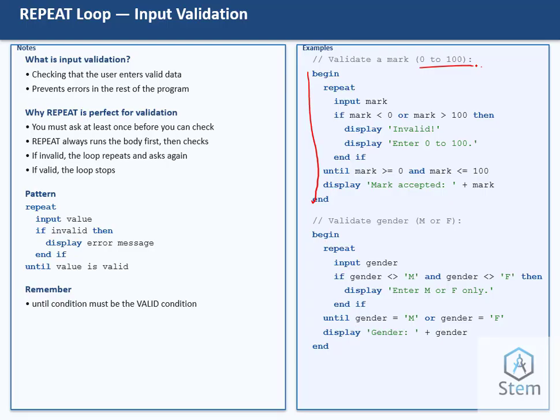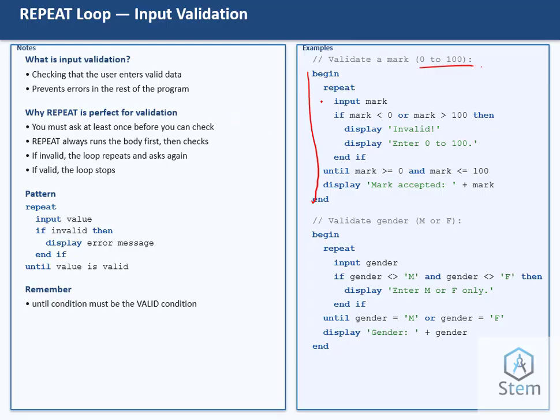If you ask someone their age and they say they are -5 years old, that's an invalid value. You cannot accept such a value. So validation is something we do a lot, and we can implement validation using the repeat loop.